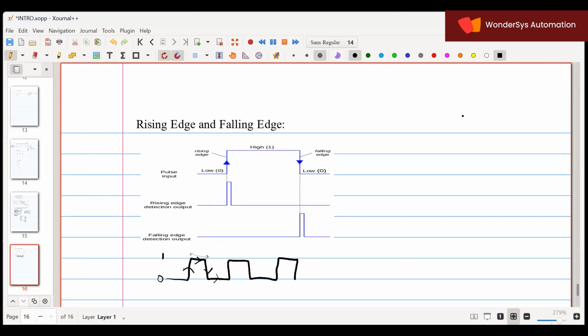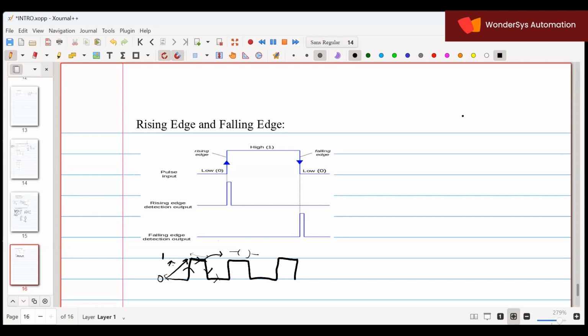Now, whenever we use the clock pulse, during this state the outputs will get on. Now one more condition comes: whenever we have a transition from 0 to 1, that is a high condition.